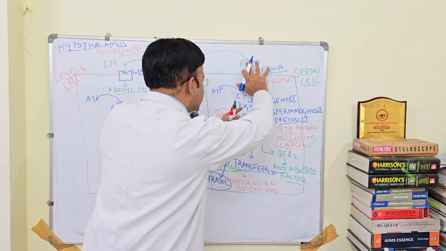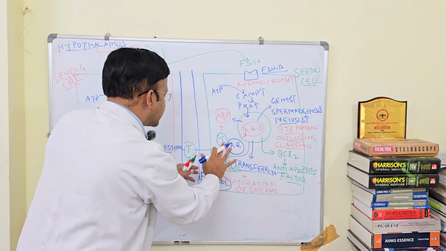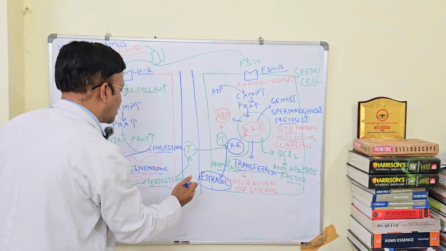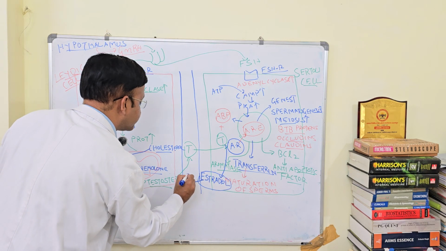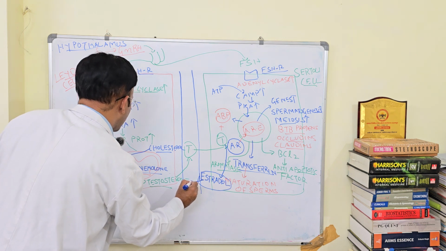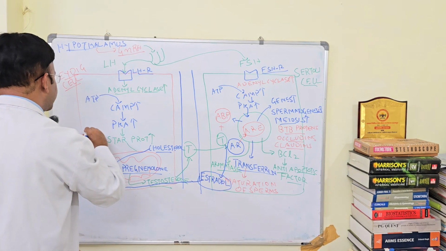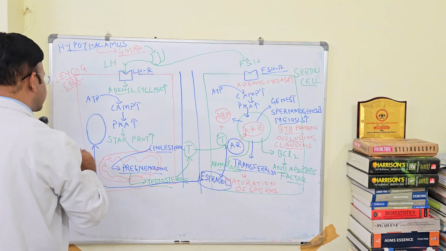FSH is going to increase the level of aromatase. This testosterone will get converted into estradiol, and this estradiol will diffuse into capillaries, and from capillaries it will diffuse all the way into your Leydig cells, and here it is going to act on the nucleus of Leydig cells, right?